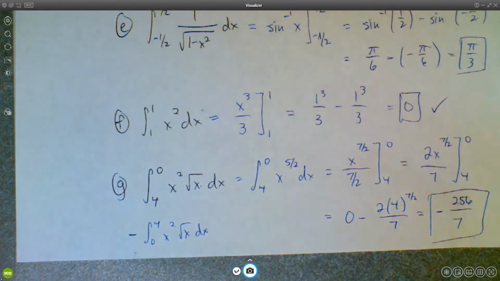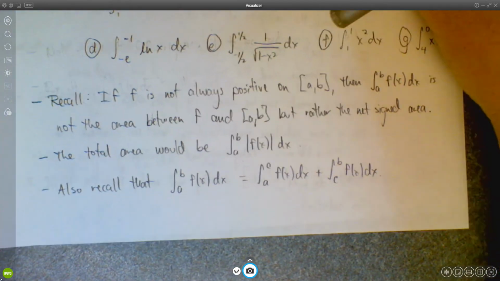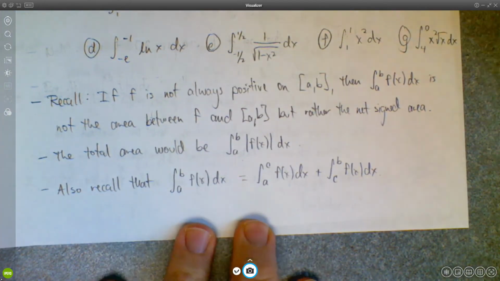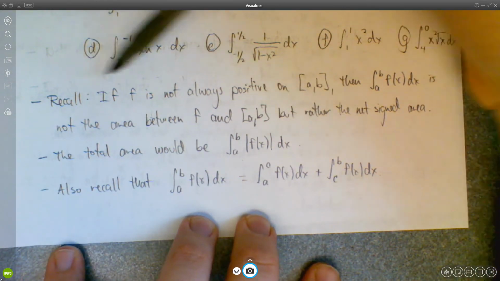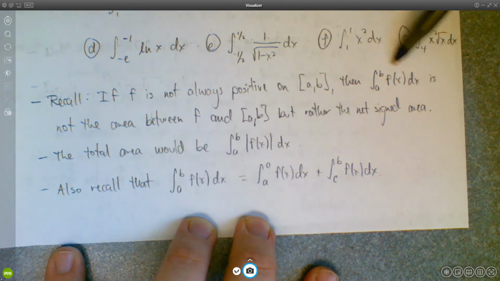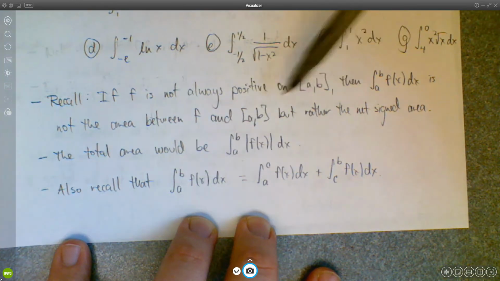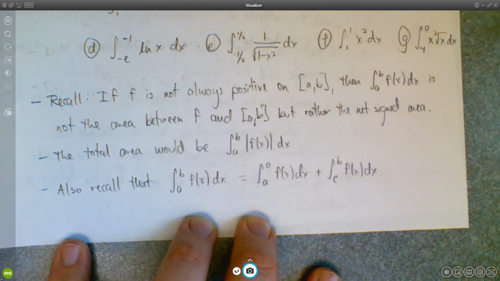A couple more things to say about Fundamental Theorem of Calculus Part 1. As I mentioned a second ago, if f is not always positive on the closed interval ab, then this definite integral is not the area between f and the closed interval ab, but rather it's the net signed area. Okay?